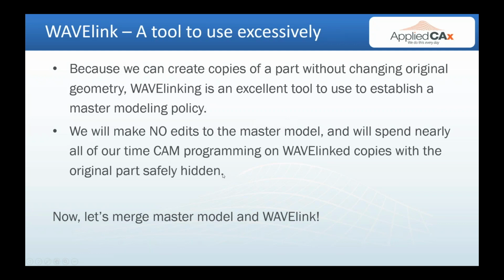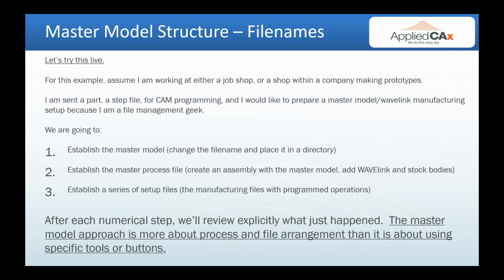But let's merge this all together. We've talked about the method of master modeling. We've talked about the tool, the wavelinker. But we want to show how you can actually use it within manufacturing. So from this point on, I'm going to show you an example of a file structure and approach where you use wavelink and master all together. We're going to establish a few process files. We're going to establish setup files.